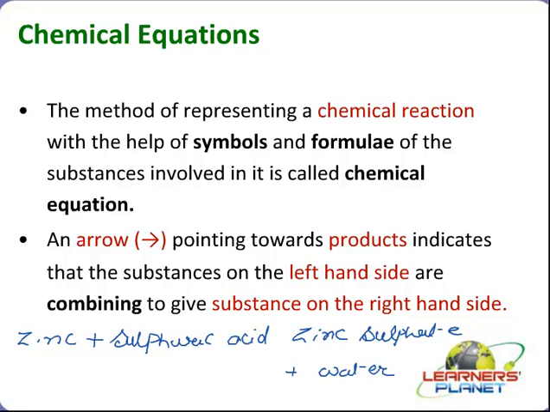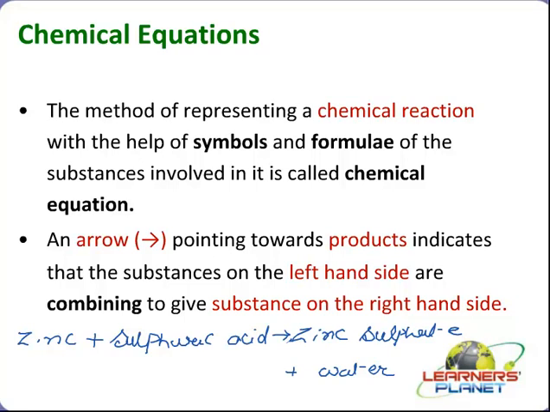So if we are putting this arrow, what does this arrow indicate? This arrow, I'll make a good arrow here. Now what does the arrow indicate, students? This arrow indicates that zinc is combining with sulfuric acid, giving zinc sulfate.